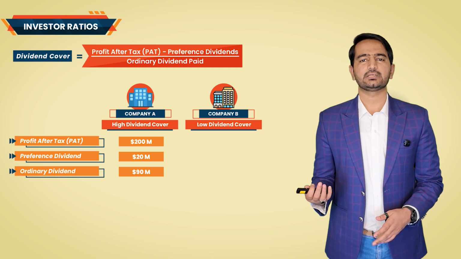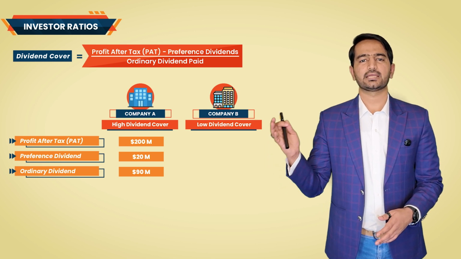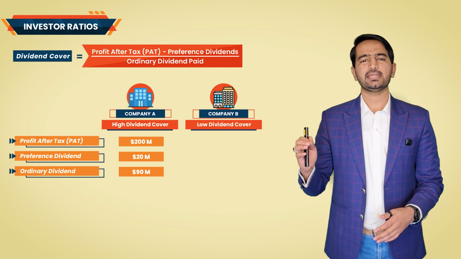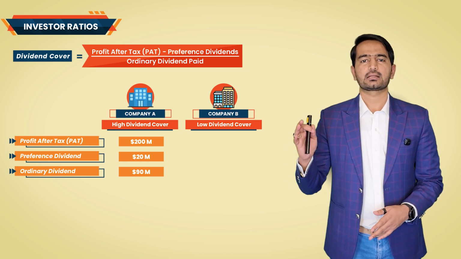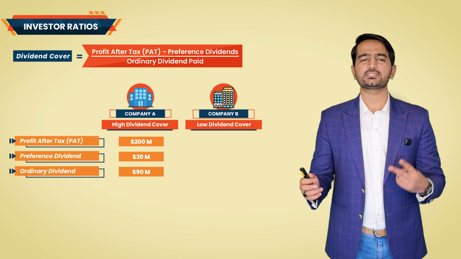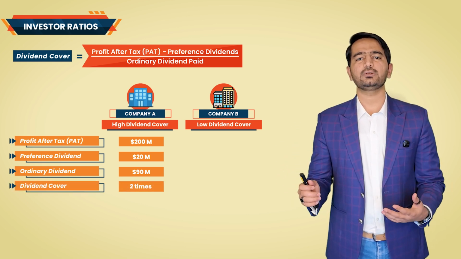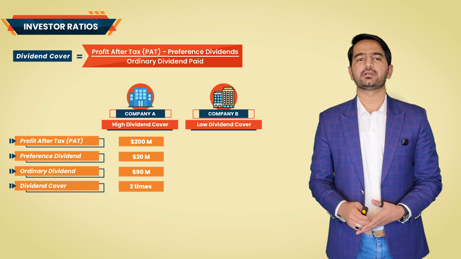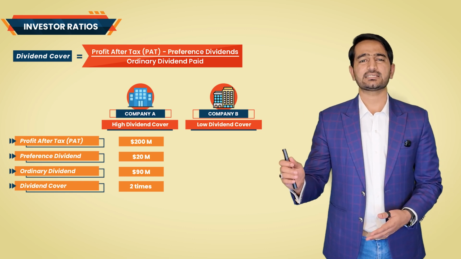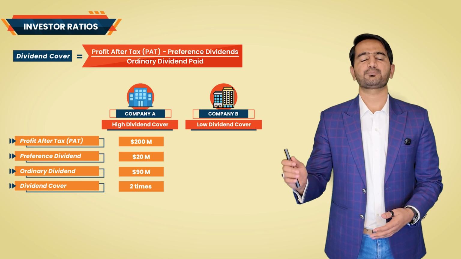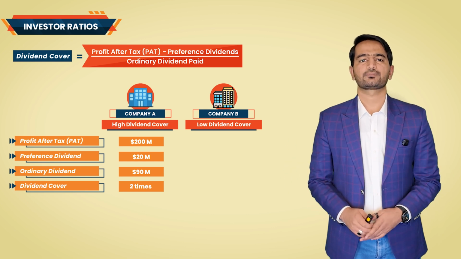Dividend cover would be calculated as 200 minus 20 divided by $90. Company A's dividend cover is 2 times, meaning it earns twice the amount needed to pay its ordinary dividends. This suggests dividend security and profit retention for growth.